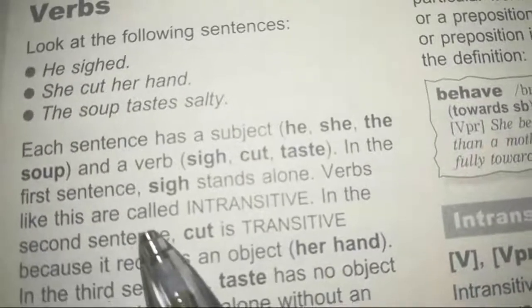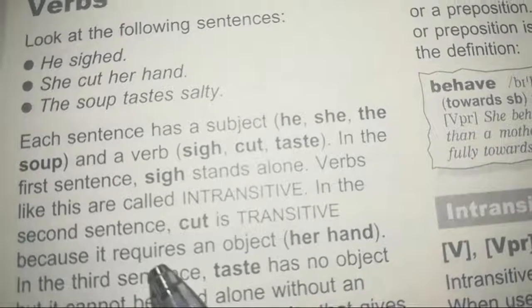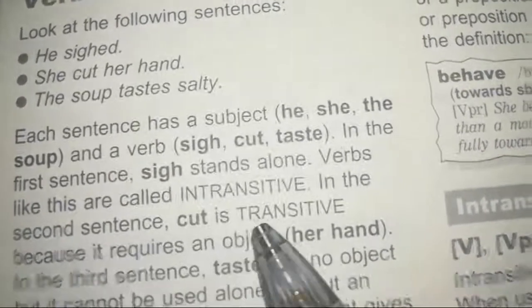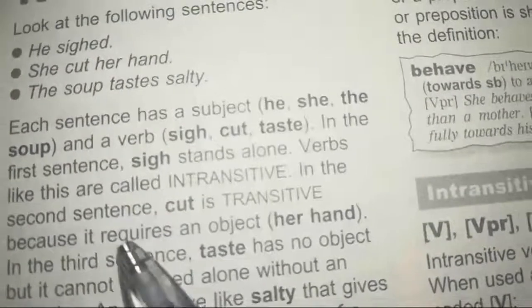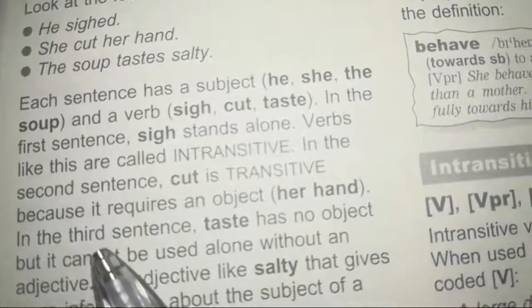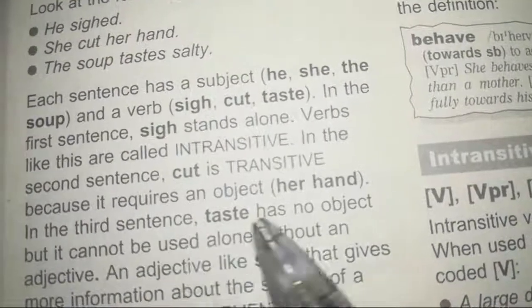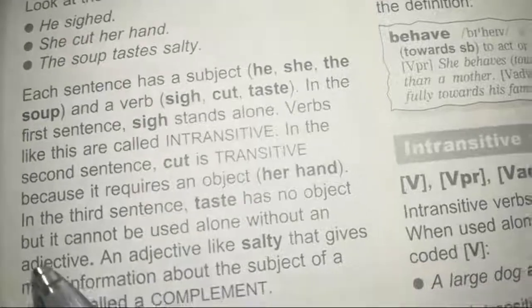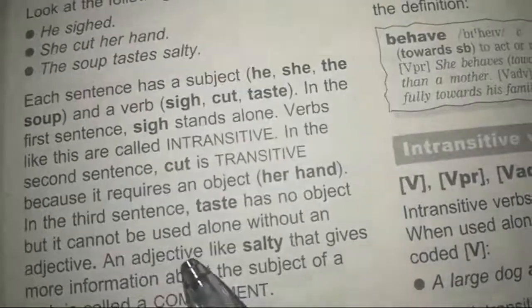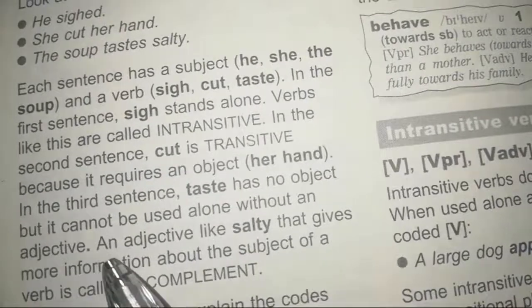Verbs like this are called intransitive. In the second sentence, cut is transitive because it requires an object, her hand. In the third sentence, taste has no object, but it cannot be used alone without an adjective.